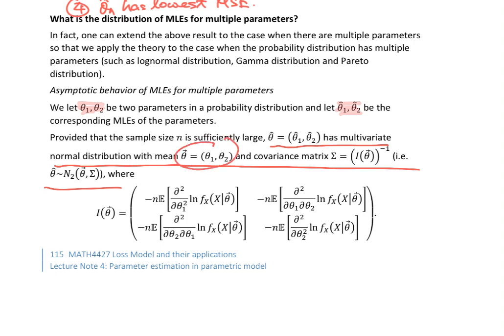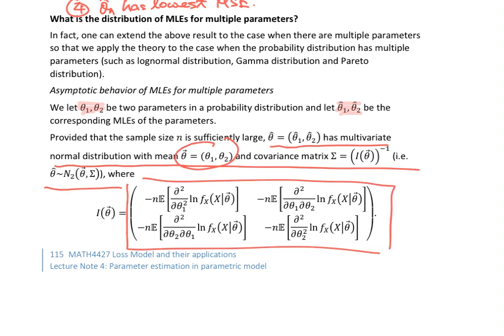The variance will be captured by this covariance matrix, which is the inverse of this I theta.